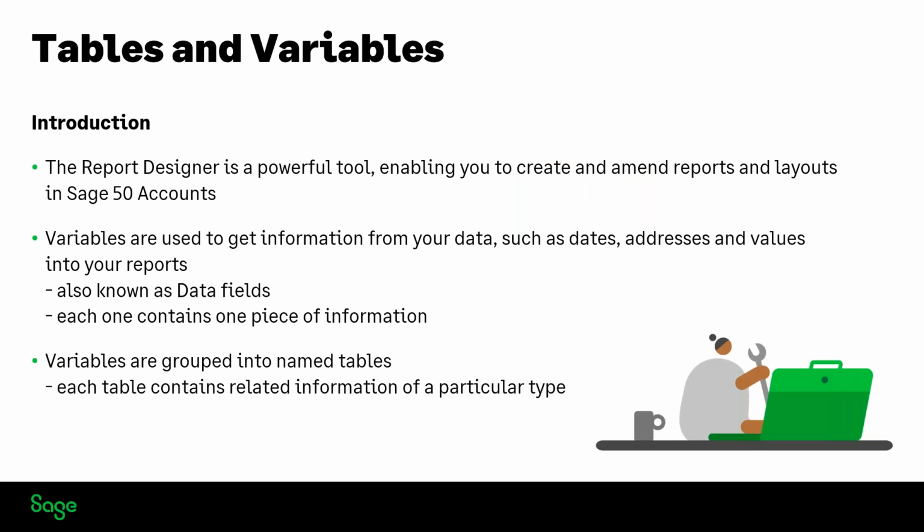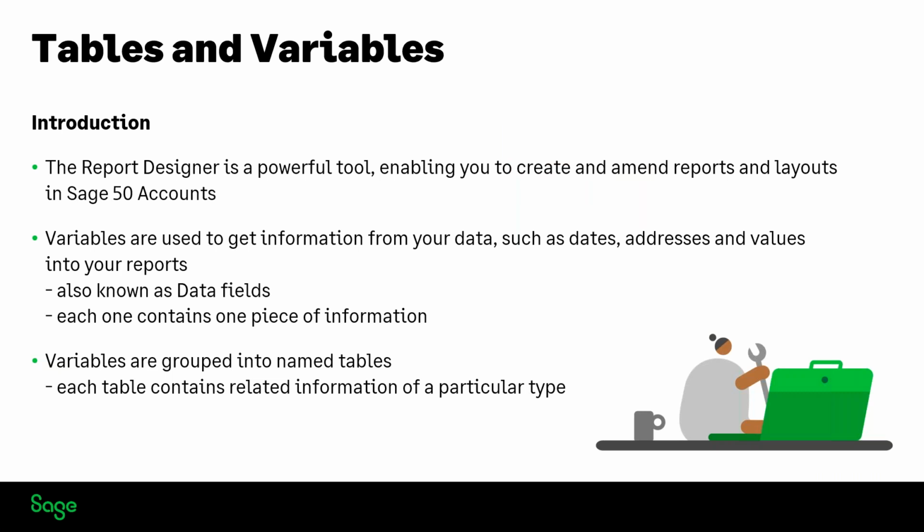You might also find when you're working with tables and variables that some variables have the same name, it's just that they're in different tables. But it doesn't mean they are the same thing. Each table stores information about a different thing.